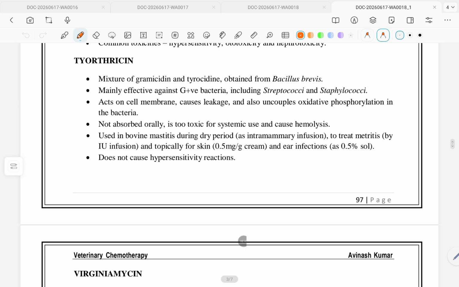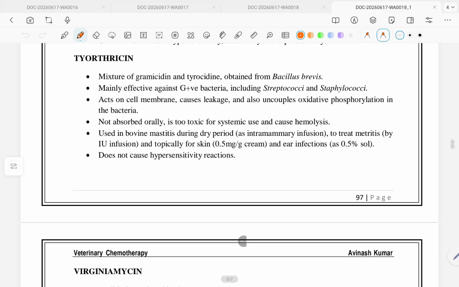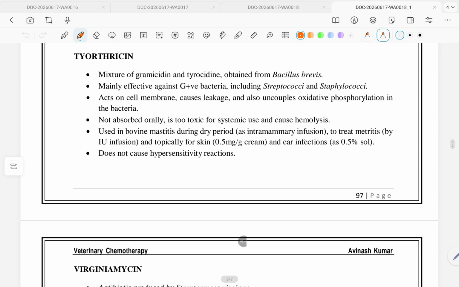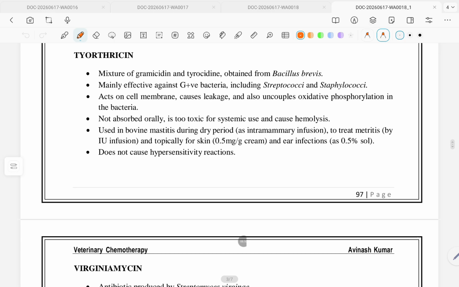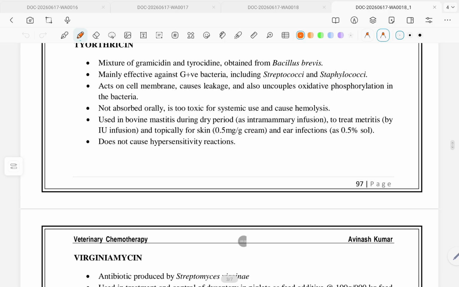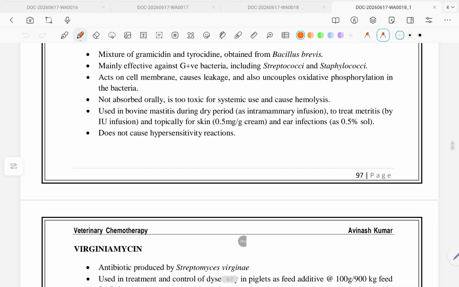Tyrothricin. A mixture of gramicidin and tyrocidine obtained from Bacillus brevis, mainly effective against gram-positive bacteria including streptococci and staphylococci. It acts on the cell membrane, causes leakage, and also uncouples oxidative phosphorylation in the bacteria.